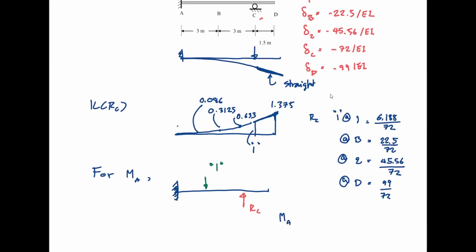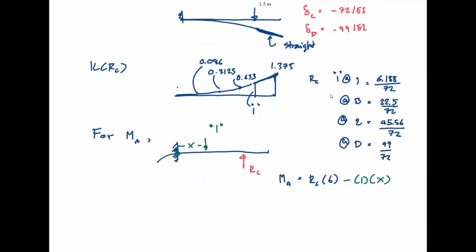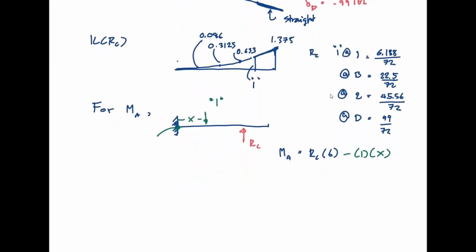And because MA is that, we have just one equation now. MA is equal to RC multiplied by 6, right? Minus 1, this is a unit load. We take moment about A, right? Take the moment here, so at 1 multiplied by X. Okay, because that's the X. Use that, you get the influence line.